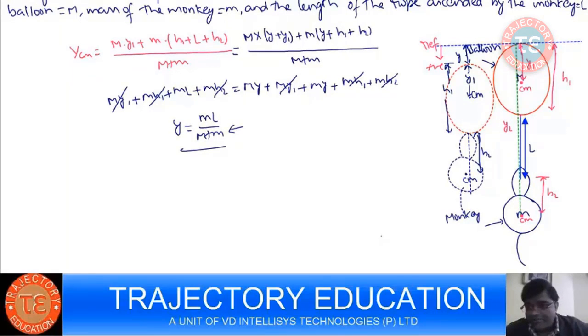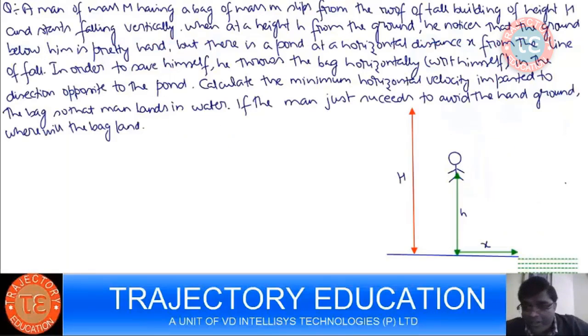I'll go for the next question. See this question. A man of mass M having a bag of mass small m slips from the roof of a tall building of height h. This is a building of height h. He starts falling vertically.